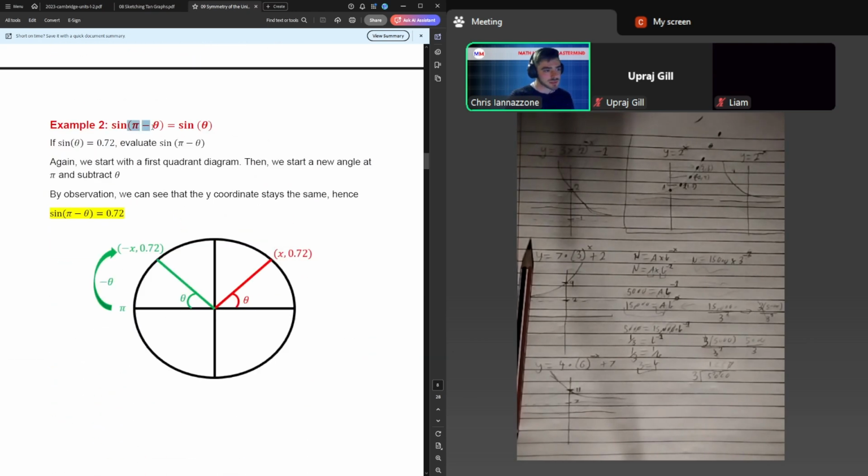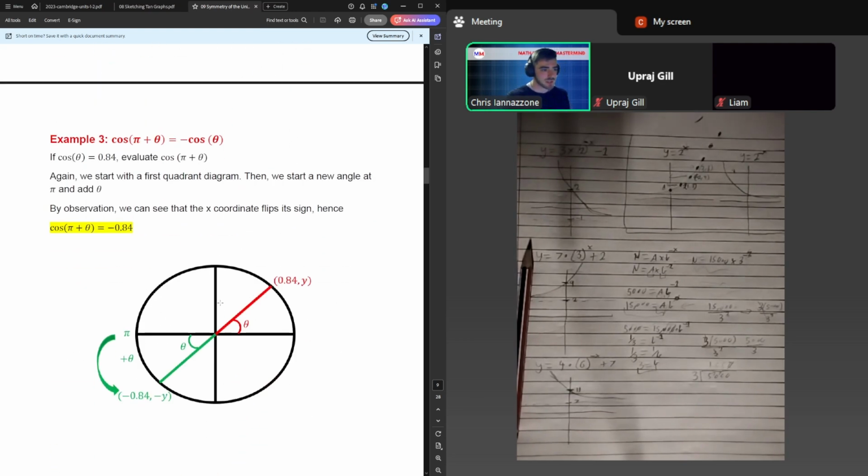Pi minus theta is the opposite direction. So you still start at pi, but because it's minus, you go backwards. That's going to put you in quadrant 2, which means the x's are going to be negative, but the y's are going to be positive. So when you do sine of pi minus theta, you read the y value at this spot, which just so happens to be the same as what it was previously.